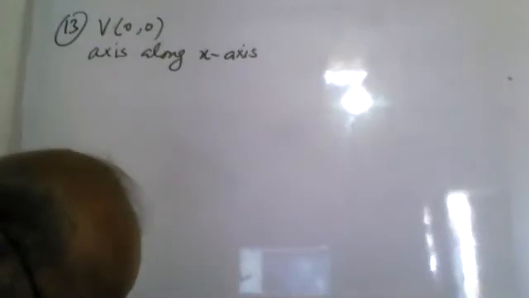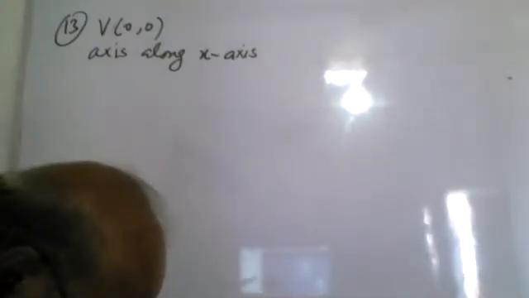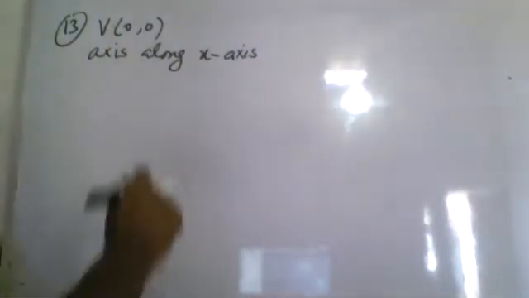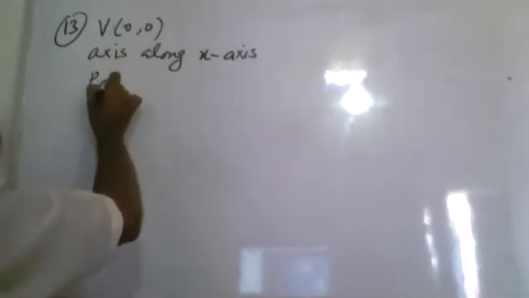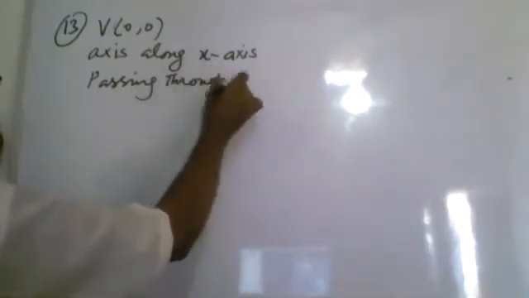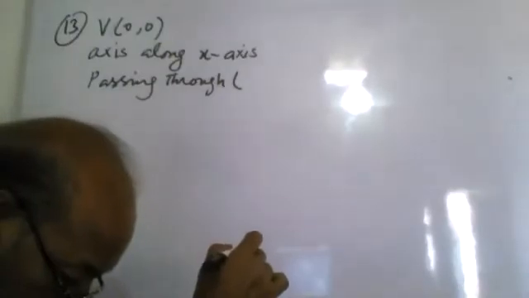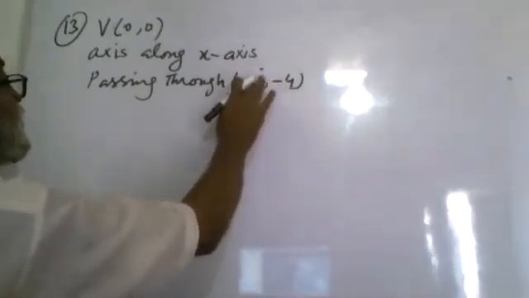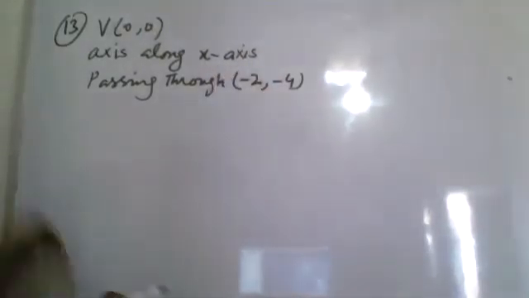And the third thing, passing through (-2, -4). These are the three things given. We have to find the equation.